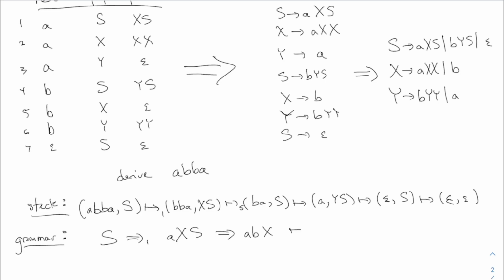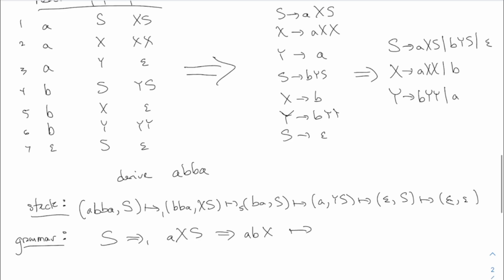And then what's next? On the stack machine, I did BAS. So this was a read B, pop S. That was rule number 4. S became YS. And I'm also going to do grammar rule number 4 here. S becomes BYS. So this now says ABBYS. Oh, sorry, this should be an S here, right? That was a typo. And this arrow should be the grammar type arrow.